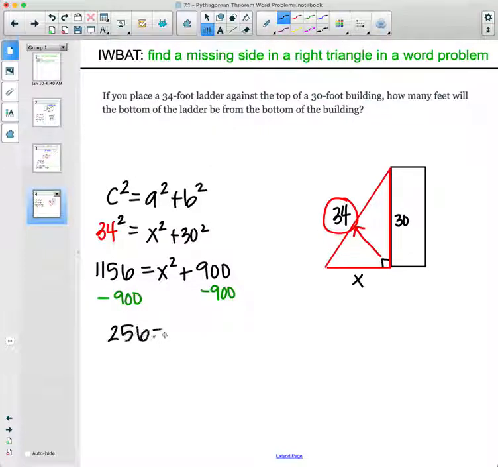So 256 is equal to x squared. To undo that squared, we will do a square root. The square root of 256 is 16. So then our answer, how far is the ladder from the bottom of the building, is going to be 16 feet.